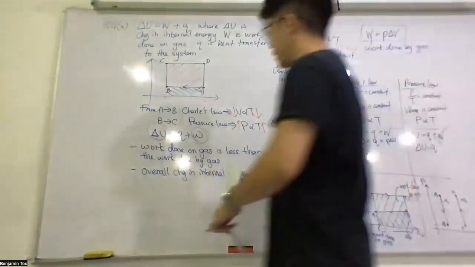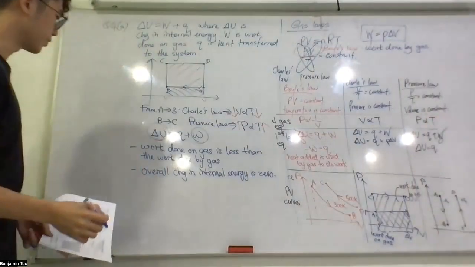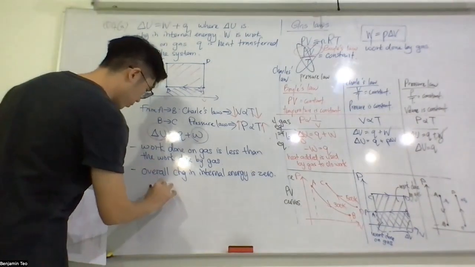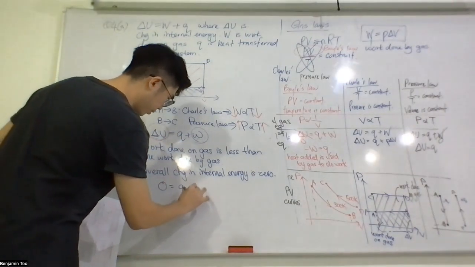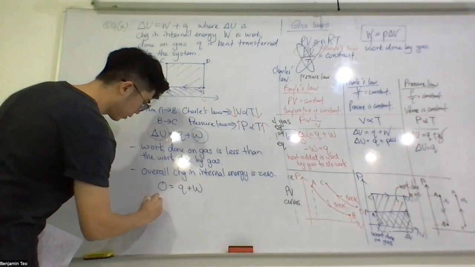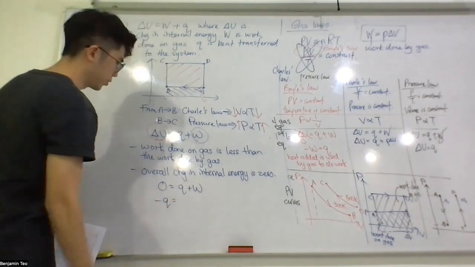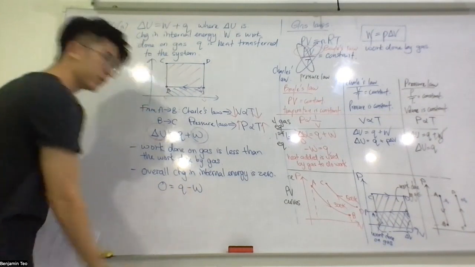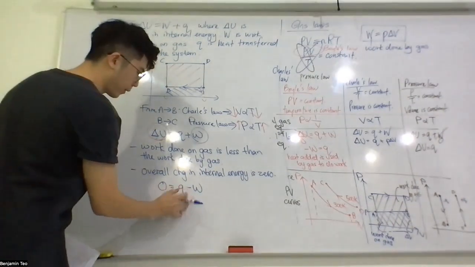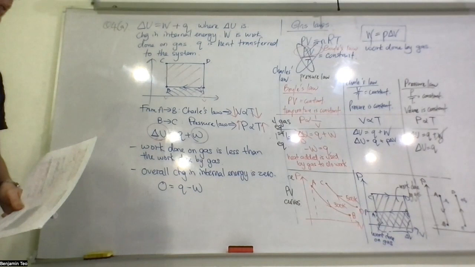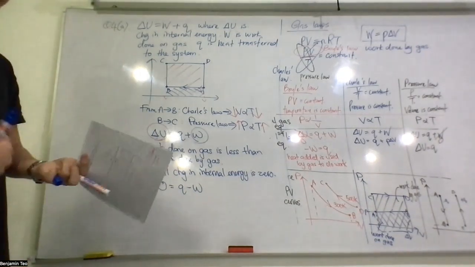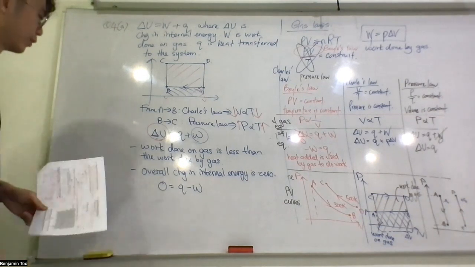And what can you say about the Q? If the overall change is 0, that means 0 equals Q minus W. Sorry, this one should be minus W, right? Because your gas is doing more work than is done on it.